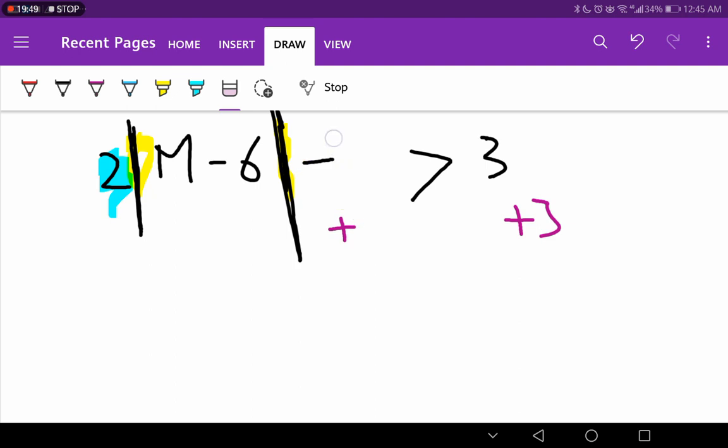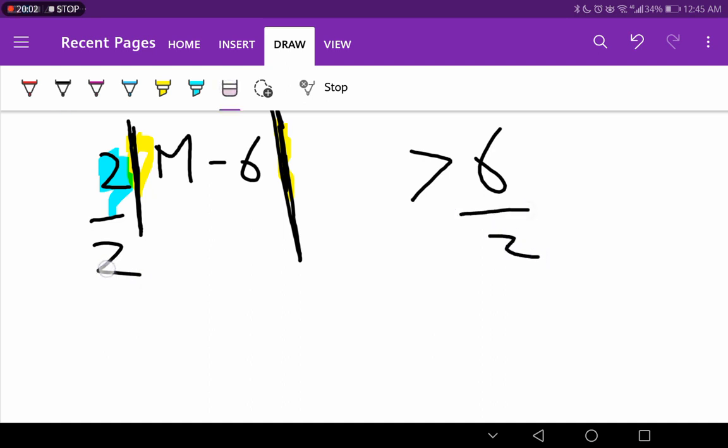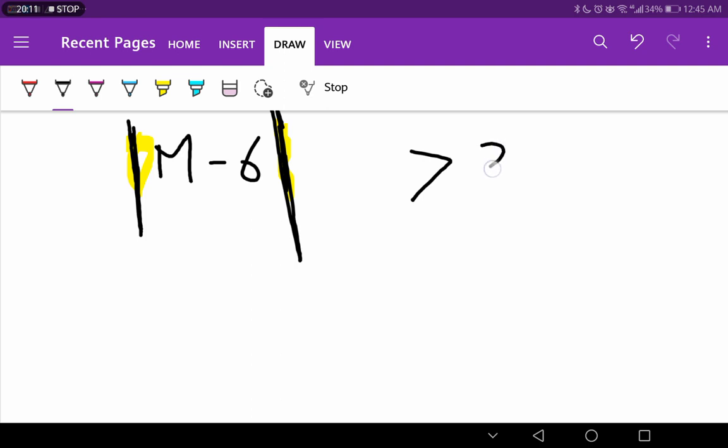This will eliminate it, and this will be 6. Good. The second step, we divide by 2, and this will be eliminated, the bars are clean, and here it gives 3. Are you happy with that?